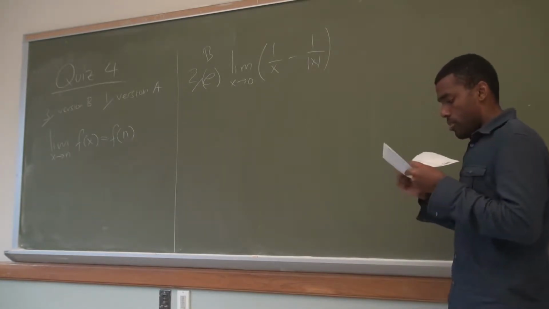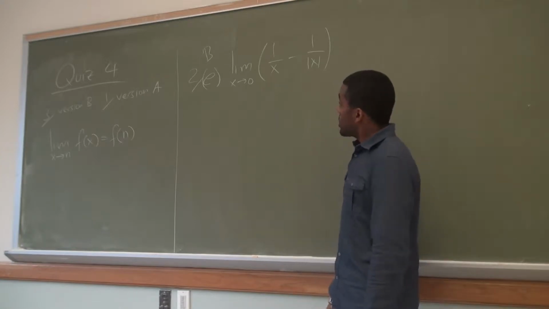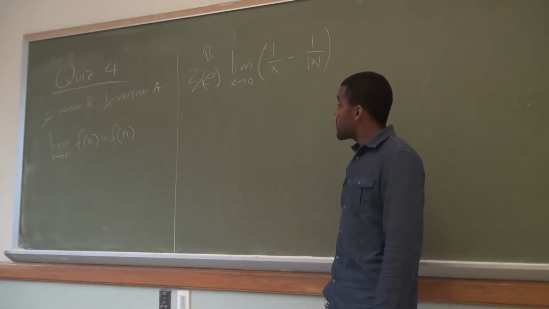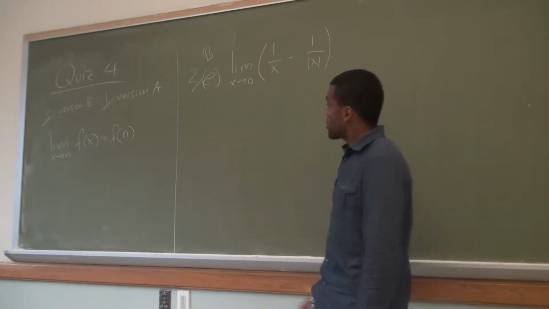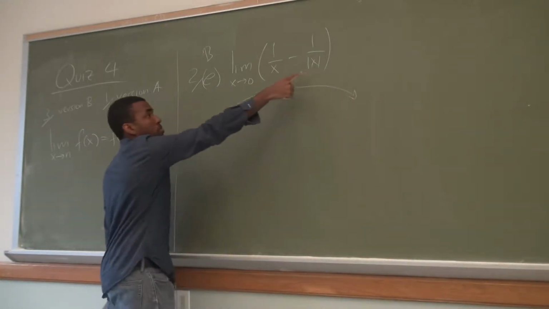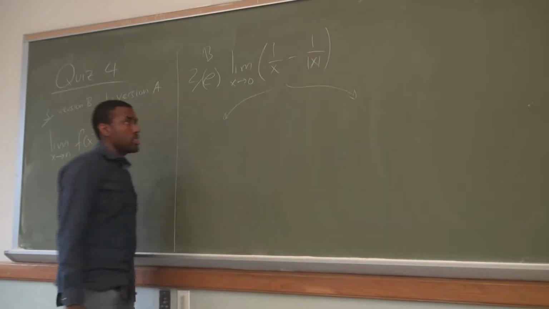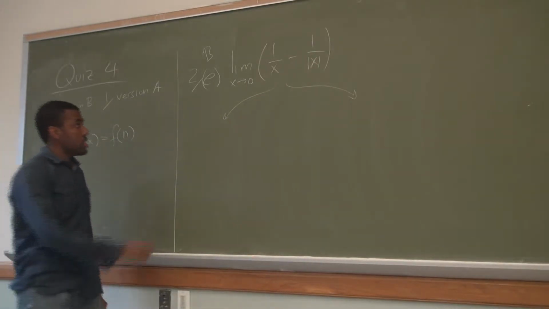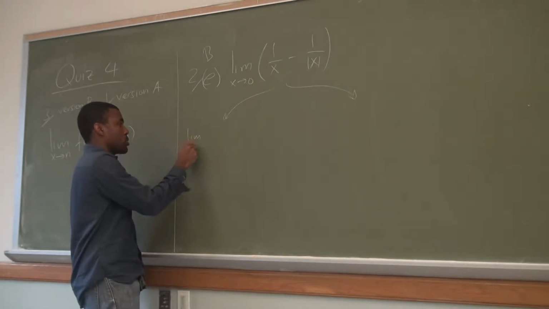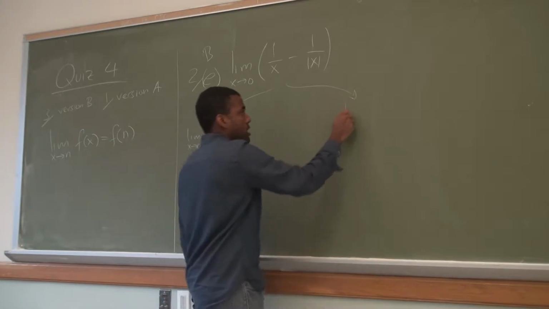I believe on version A, I let you approach 0 from the right side. So what do you do here? You have an absolute value around 0 when what's inside the absolute value is 0, so you have to consider both directions. You have to think about what happens as you approach 0 from the left side, and as you approach 0 from the right side.